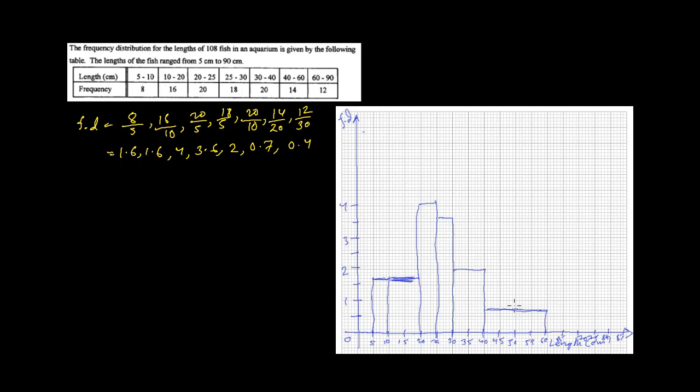So 0.4 is here, 60 all the way to here, maybe around here to 90. And then we can do some shading. That's it.